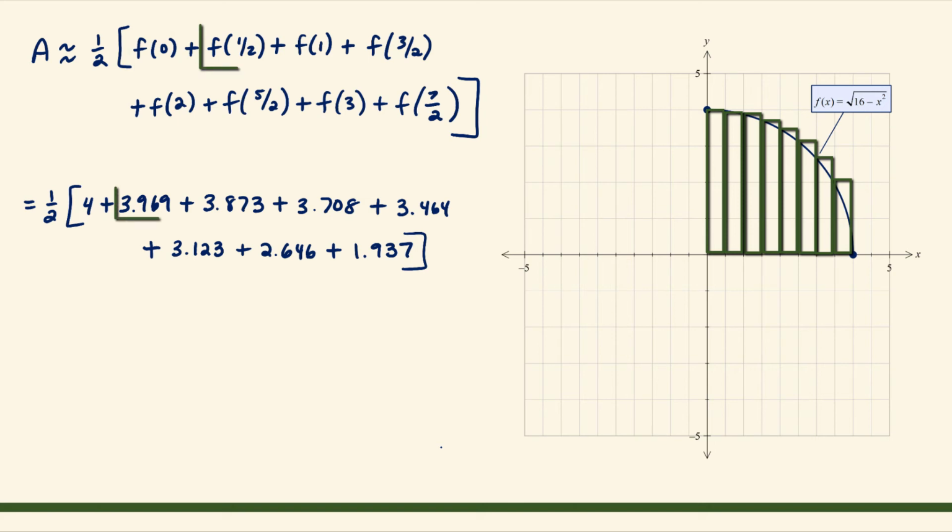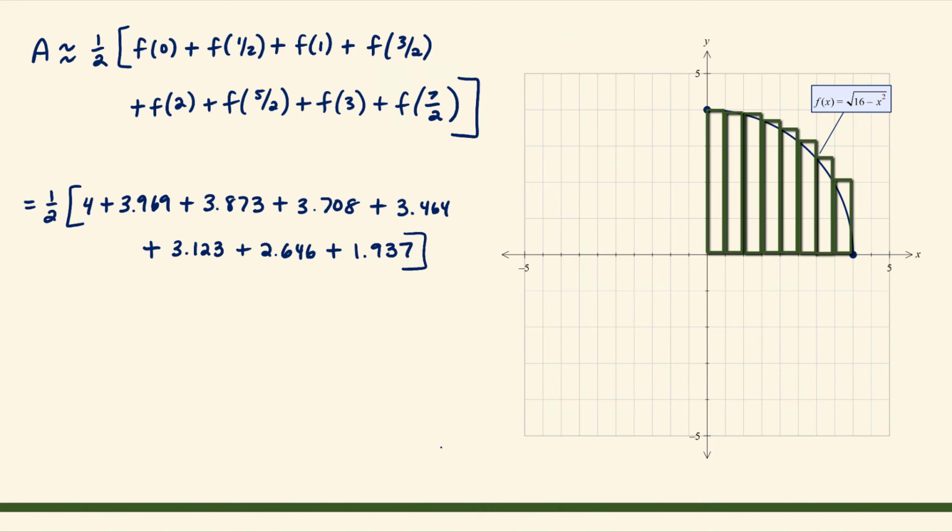Evaluating f of x at our left endpoints, f of 0 is equal to 4. f of 1/2 is equal to 3.969. f of 1 is equal to 3.873, etc., up to f of 7/2 is equal to 1.937.